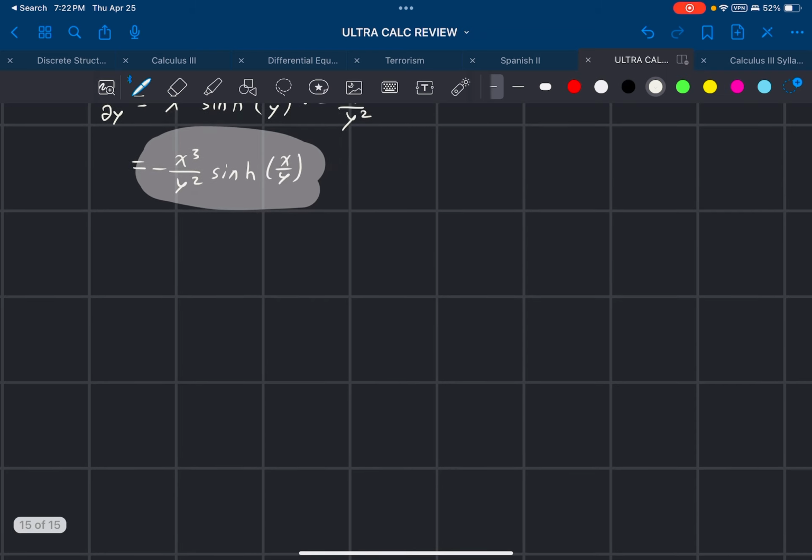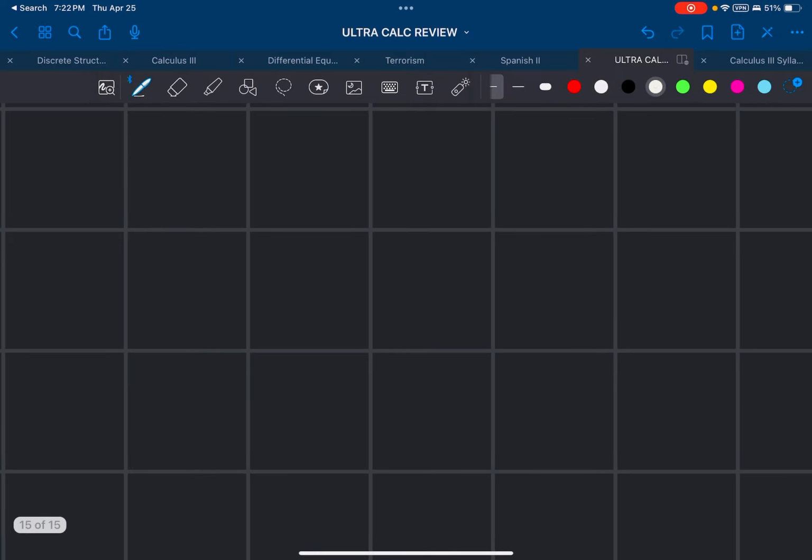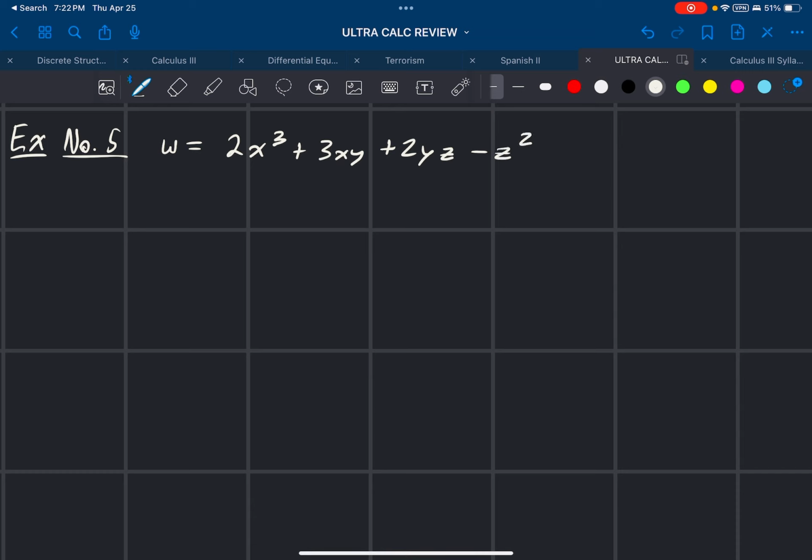So let's go ahead and do something a little bit different. So this is our next example, and it's example number 5, I believe. I'm not sure, but it's okay. So w equals x cubed plus 3xy plus 2yz minus z squared.